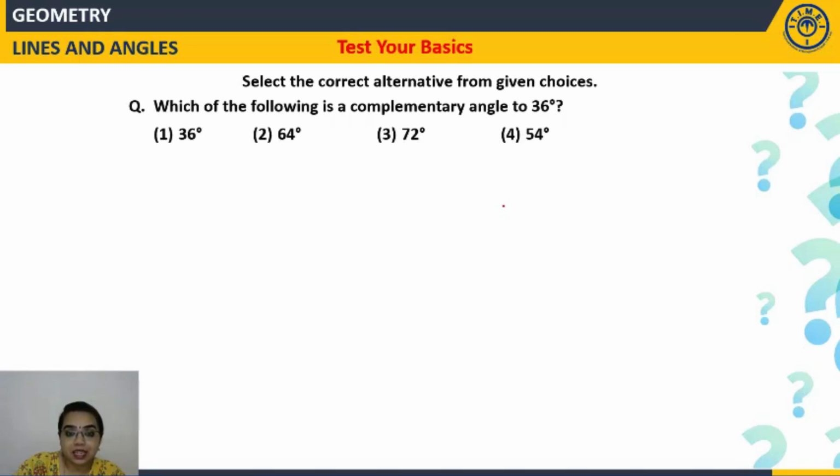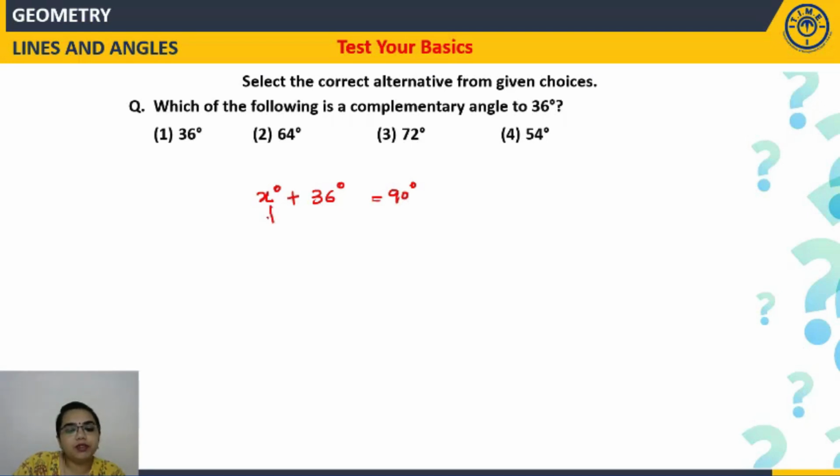Complementary angles are when two angles have their sum equal to 90 degrees. Now we need to find an angle which is complementary to 36 degrees. That is, if you add the measure of an angle to 36 degrees, this is equal to 90 degrees.